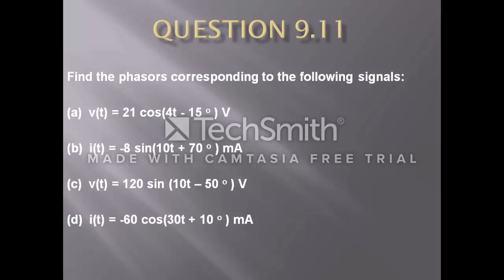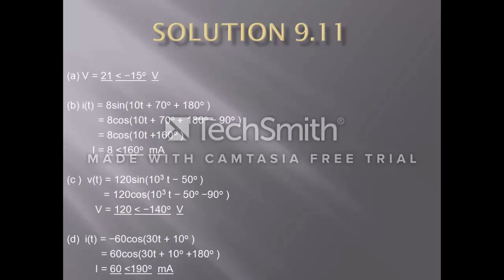B part: i(t) equals minus 8 sin(10t plus 70 degrees) milliamperes. C part: v(t) equals 120 sin(10t minus 50 degrees) volts. And D part, the last part: i(t) equals minus 60 cos(30t plus 10 degrees) milliamperes.